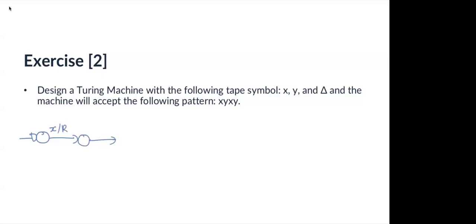If we read Y, we continue to the right. And if we read X, we continue to the right. Then if we read Y, we continue to the right. And after that, if it is delta, then we can accept it and go to the halting state.